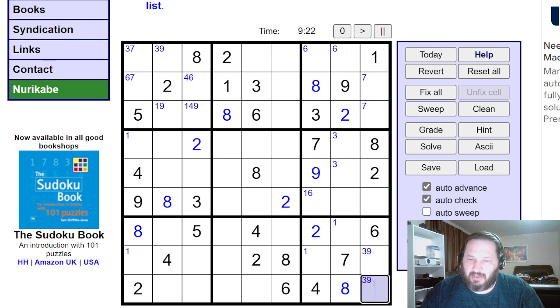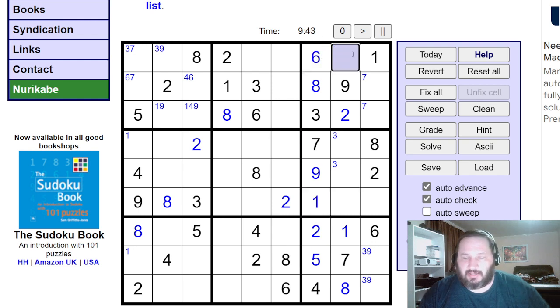If this is a 3, this is a 9. If this is a 3, this is a 9. They cannot be anywhere else, and that's what's going to actually help us solve this cube, because if a 5 can't go here, this is actually the only place that a 5 can actually go. That gives us our 1. That makes this one our 1, makes this one our 6.